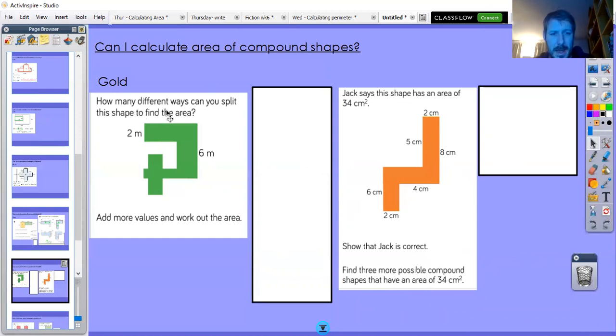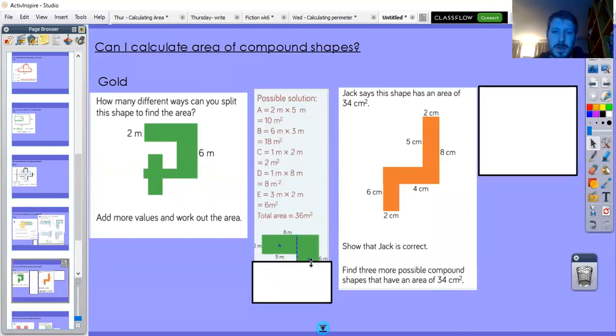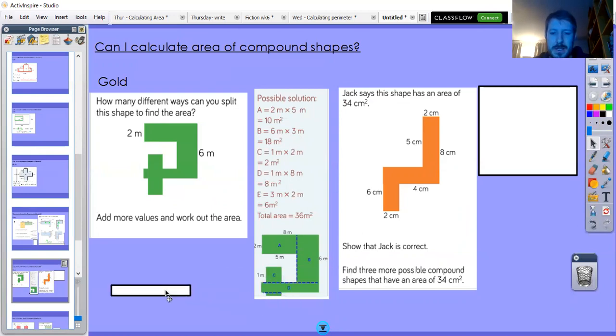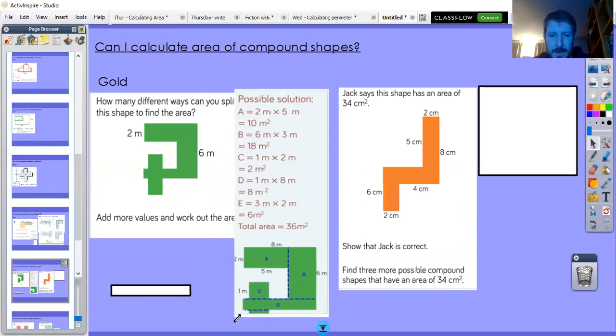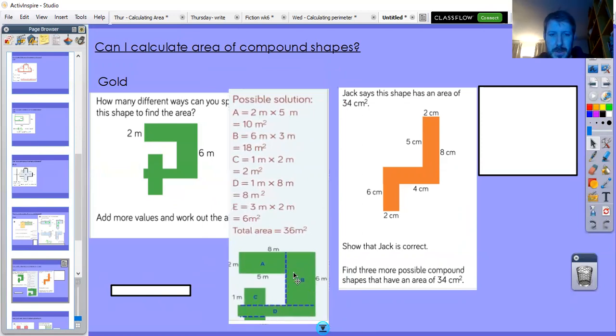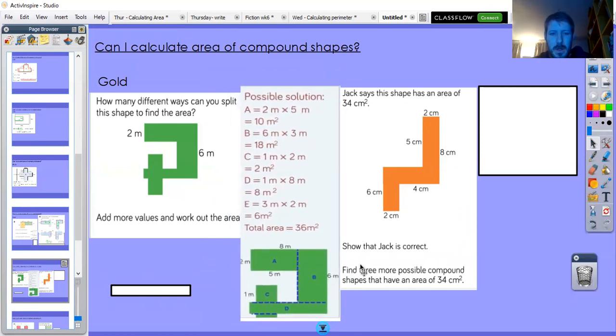Okay, so how many different ways can you split this shape to find its area? So one possible solution would be you can split it like this here, make this a bit bigger. So you've got kind of thinking of this as a separate A here, and then this across here.